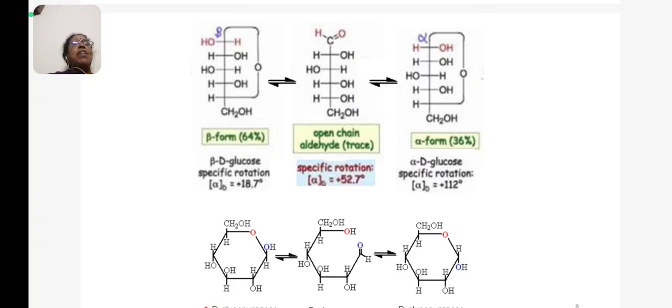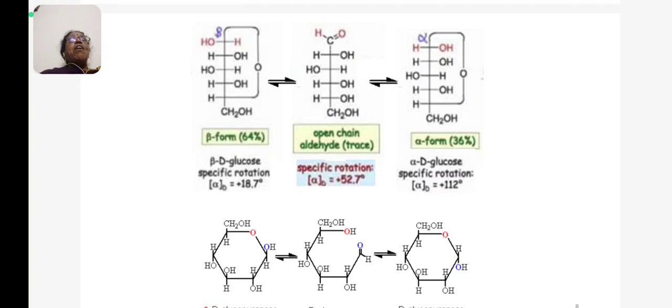Similarly, when we take alpha D-glucose with specific rotation value 112, when water is added, it is converted to the open chain structure and that is converted to the beta form. Because of these interconversions, there is a change in the specific rotation. The equilibrium specific rotation value is 52.7.